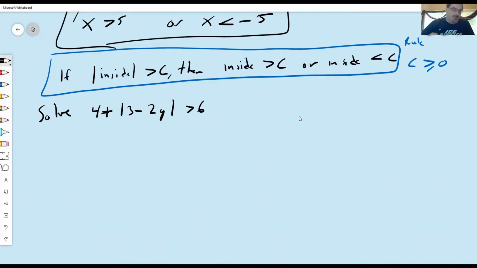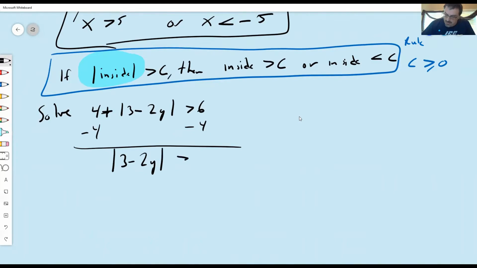This absolute value right here has to be by itself, so I have to get rid of the 4. So I'm going to add the opposite of 4, so minus 4 here, and minus 4 over here. So I get the absolute value of 3 minus 2y is greater than 2.